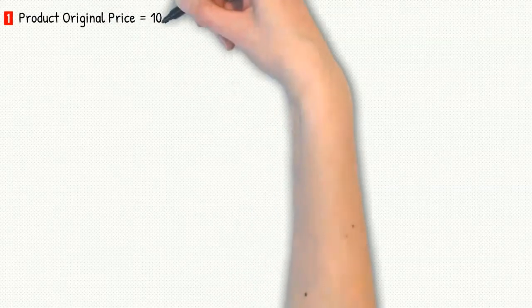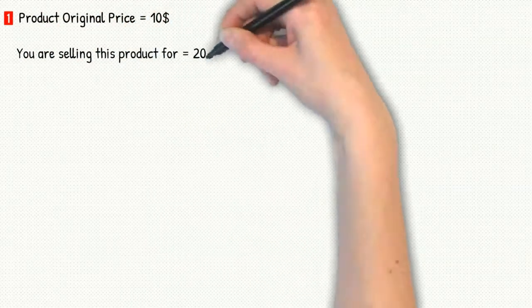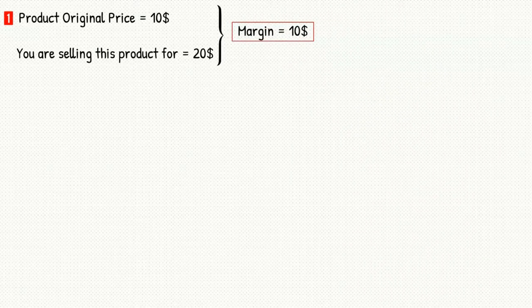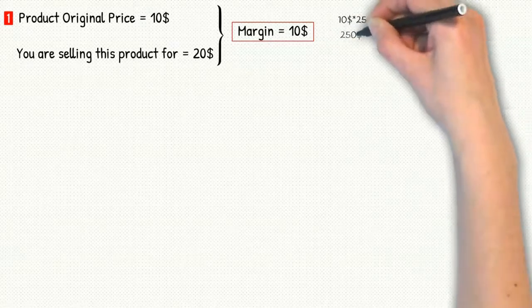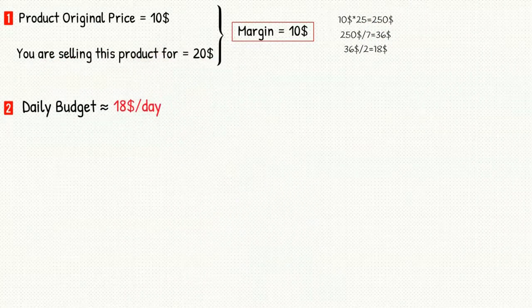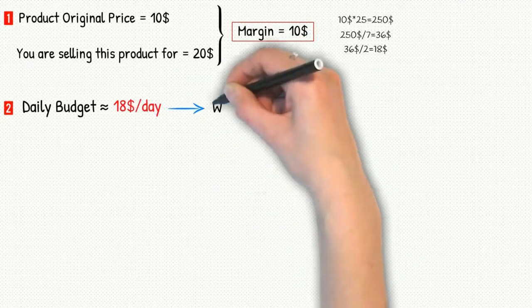Let's take another example. If your product costs $10 and you sell it for $20, so the margin is $10. You multiply it by 25, it will give you $250. Then we divide it by 7 and we'll get something near $36. And then we divide it by 2, so our daily budget is $18.